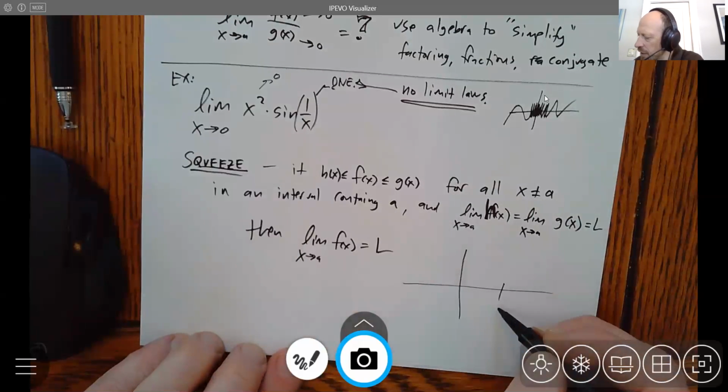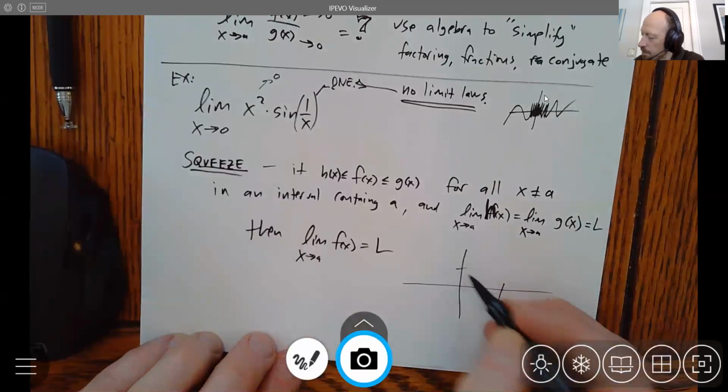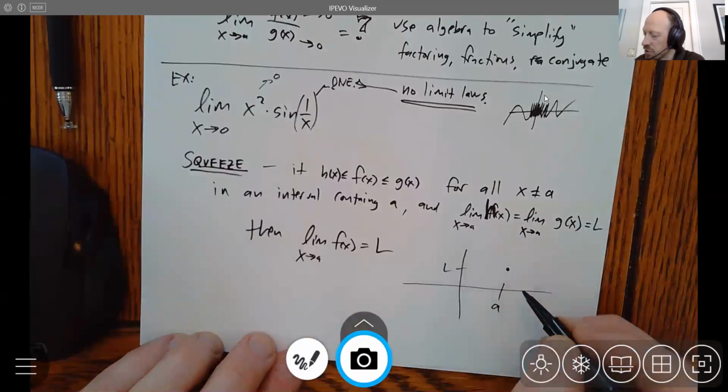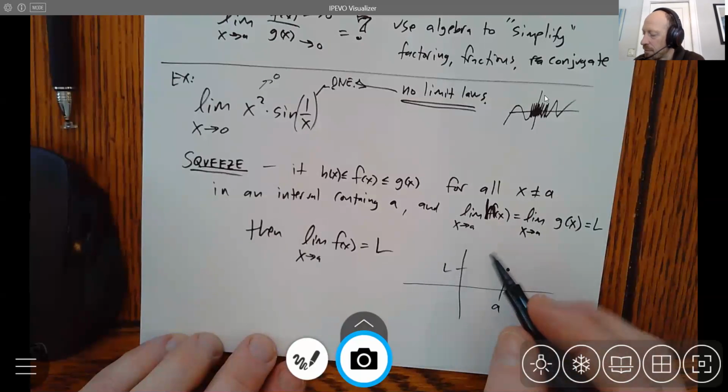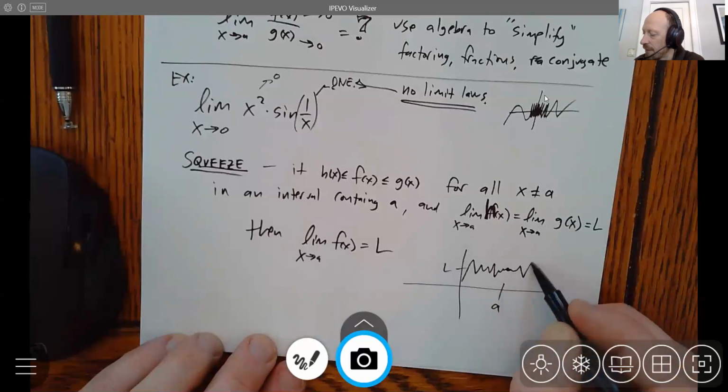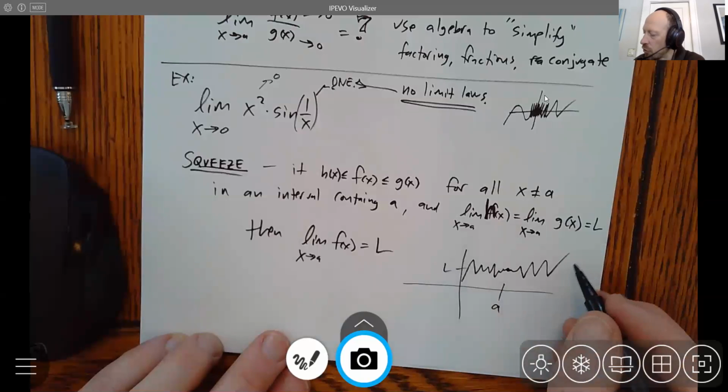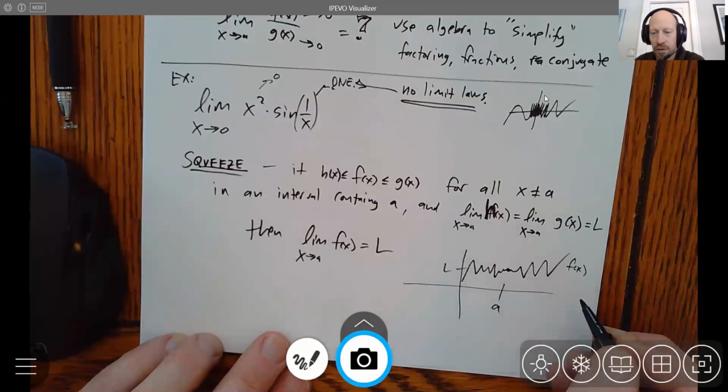And visually, you have this situation. You have some potentially crazy function f that we don't quite know how to deal with.